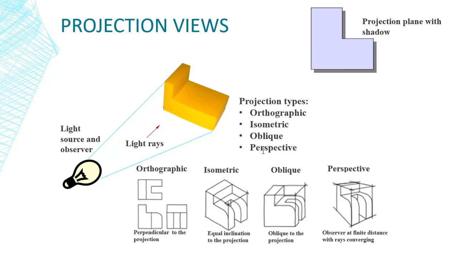Then there's another one called isometric. So in this isometric, you are going to see three sides. We have the object on equal inclination to the projection. So this way it can give you a good understanding about the overall shape of the object, but it will not give you some very detailed dimensions or parameters of that object.